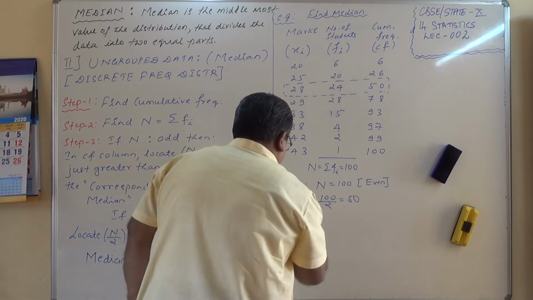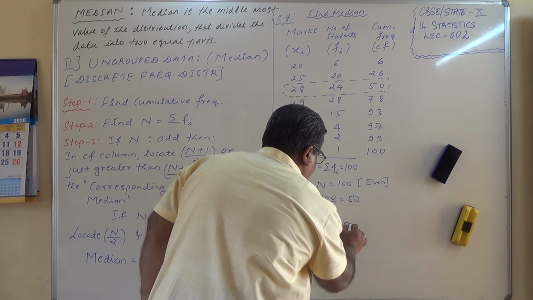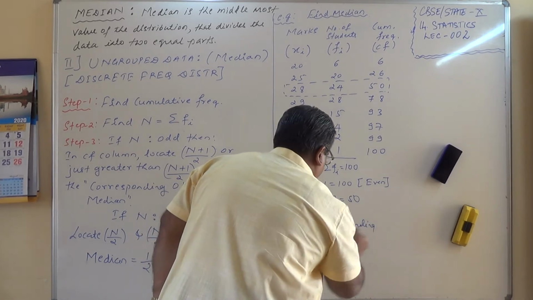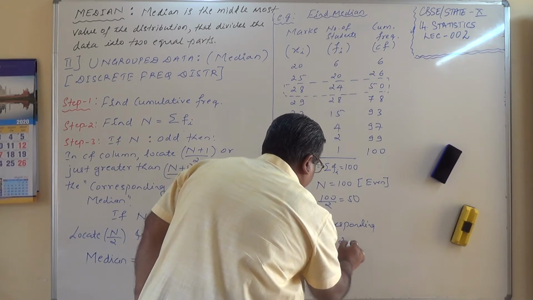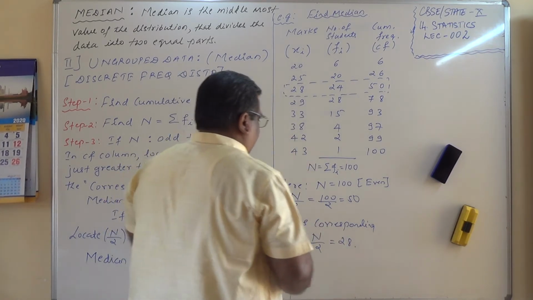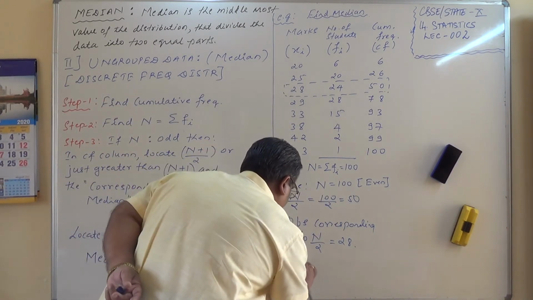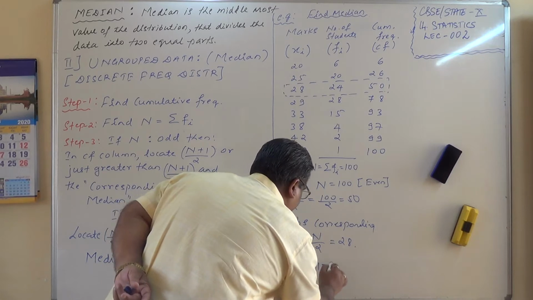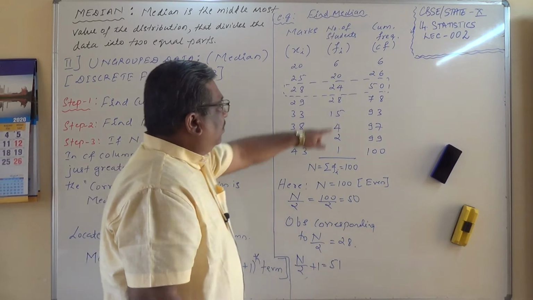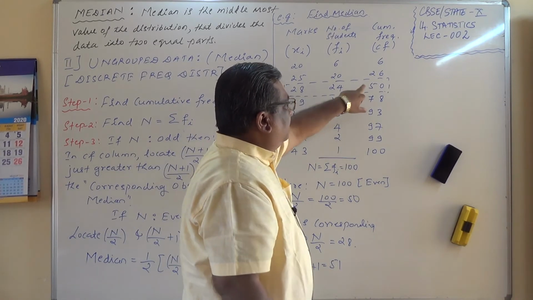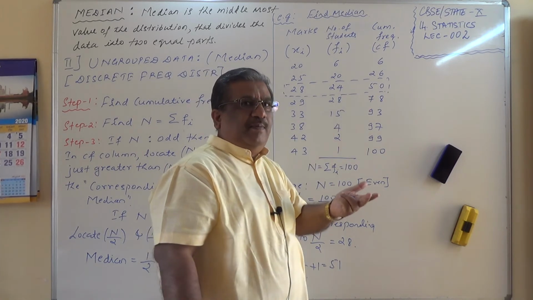So I'll write over here, observation corresponding to n by 2 is equal to 28. Now what else do we want? n by 2 plus 1, which is equal to 51. So locate 51 over here. Is 51 available? No. What is to be done? Just greater than 51.